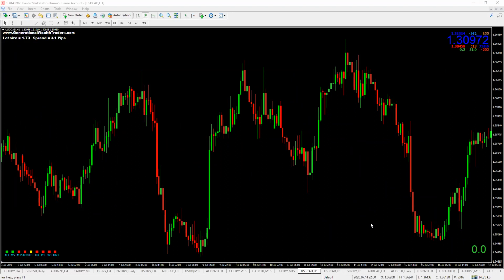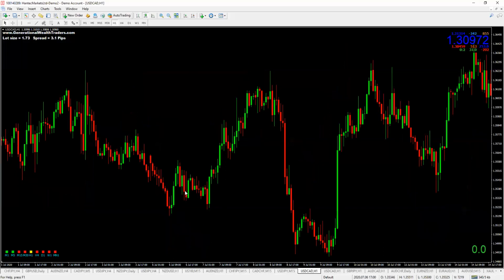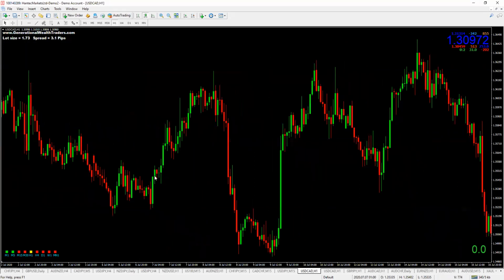Now, talking of market structure, like I said, market structure are usually areas of support and resistance. Where the price swings up to, or the completion of the zig and the zag, are usually market structure, especially when they stand out on their own. You can identify this as a high, obviously.